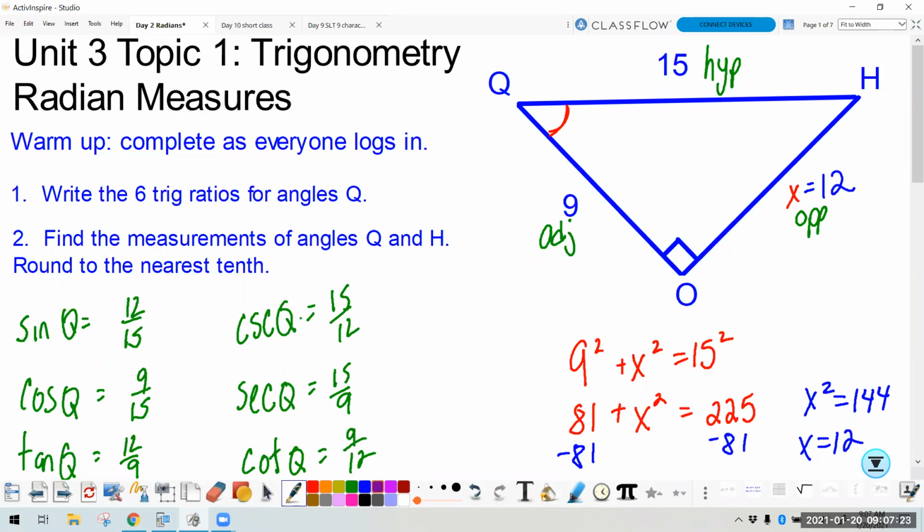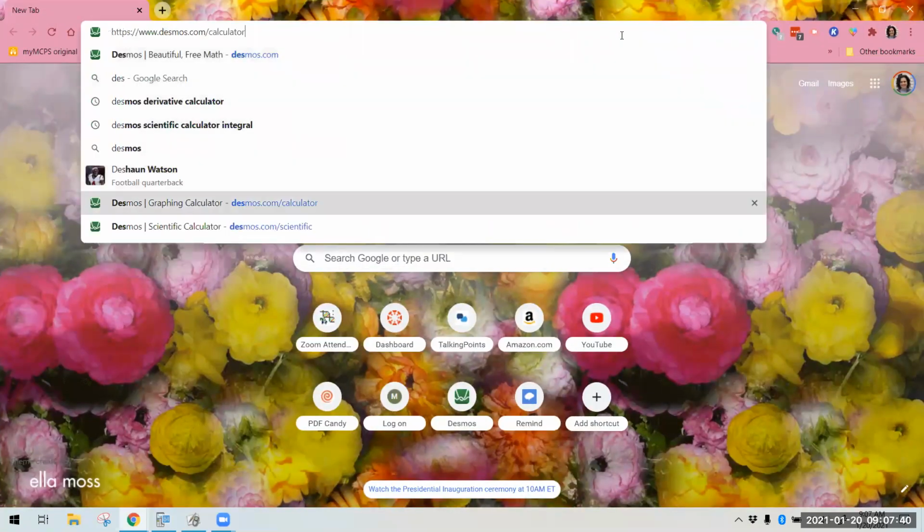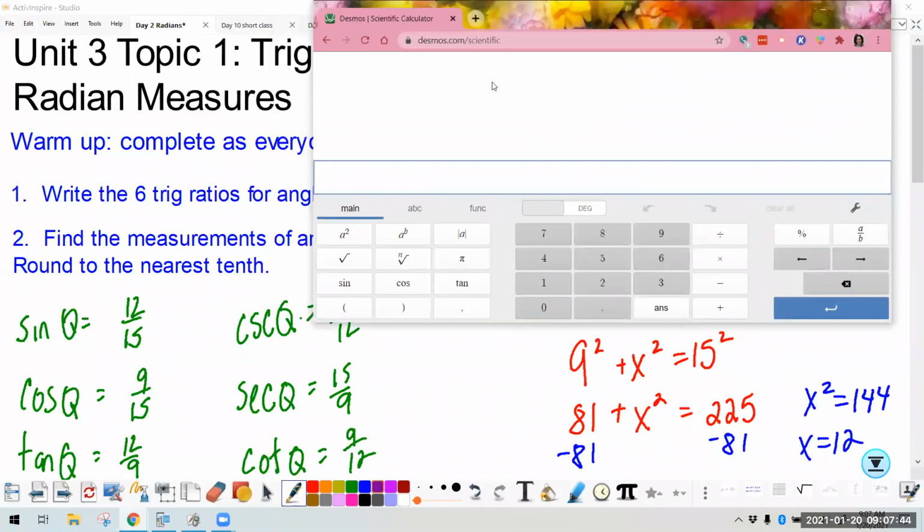We can pick any one we want. Let me get the other calculator for you. So far, all the votes are for sine. Here's this calculator if you need it.